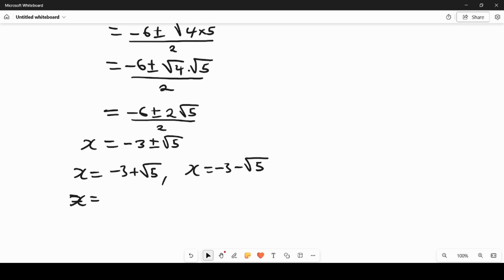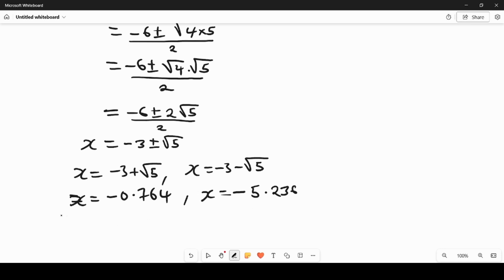So minus 3 plus root 5 is negative 0.764, and the other one is negative 5.236.